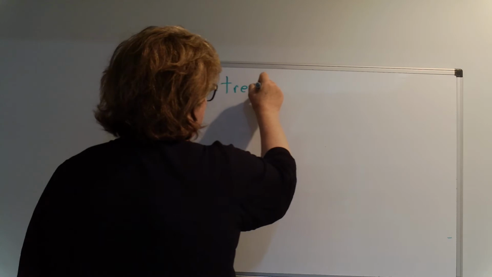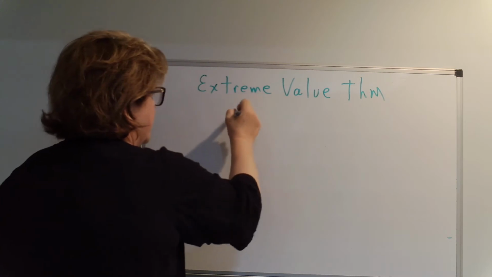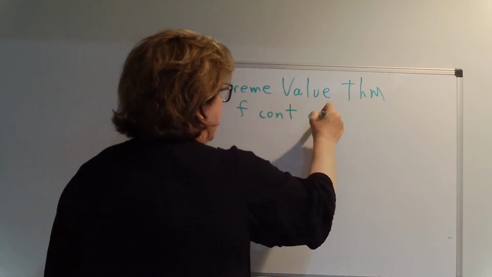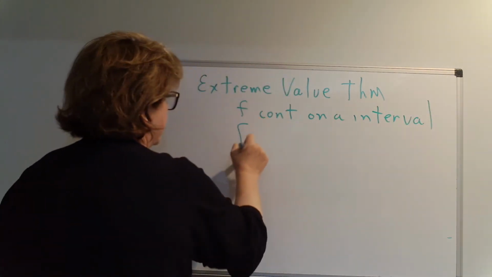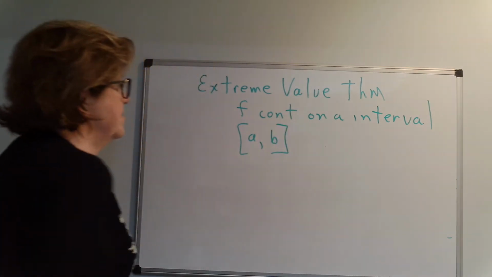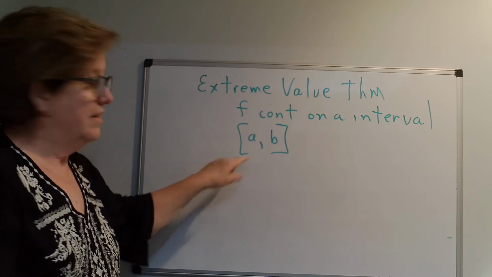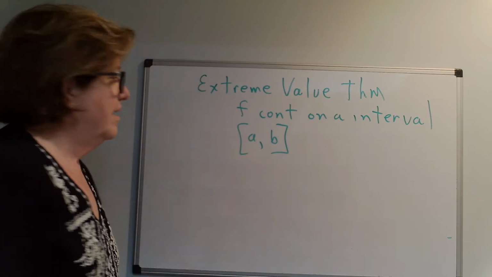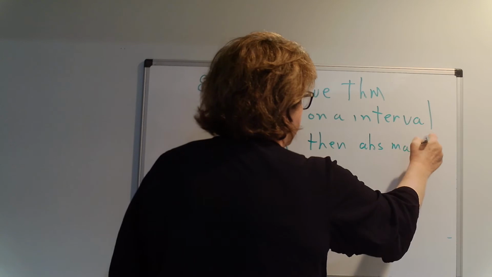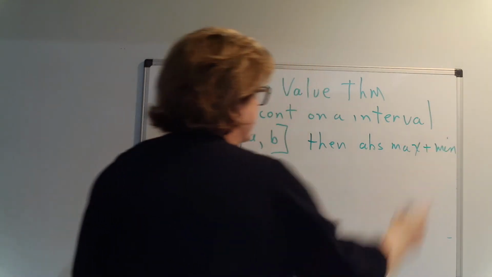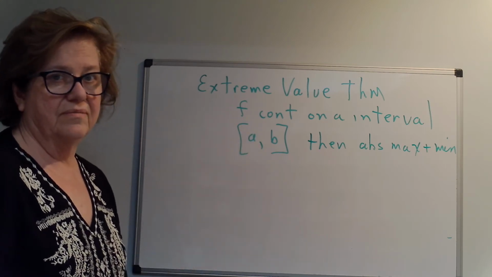The extreme value theorem, which says if f is continuous on an interval AB, a closed interval AB, not an open interval, it has to be closed, then you can identify an absolute max and an absolute min. That works. If it's continuous, no holes on a closed interval.